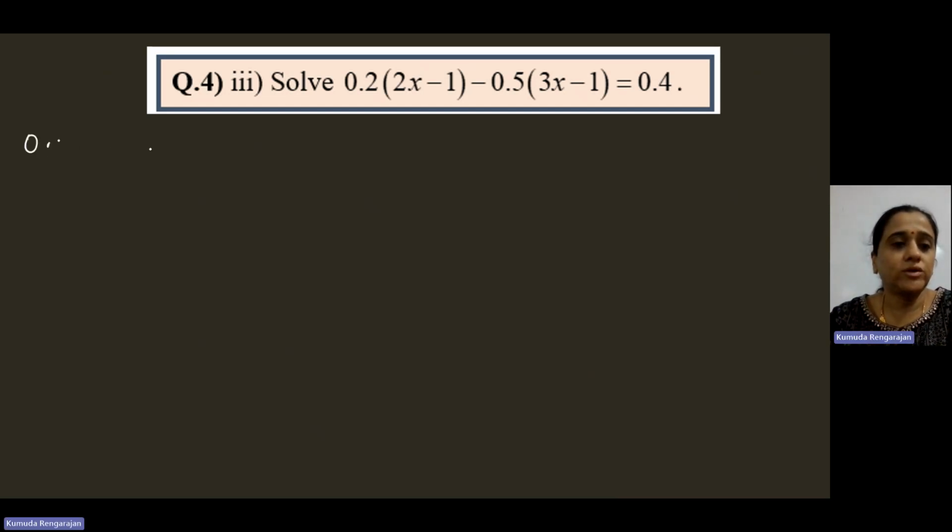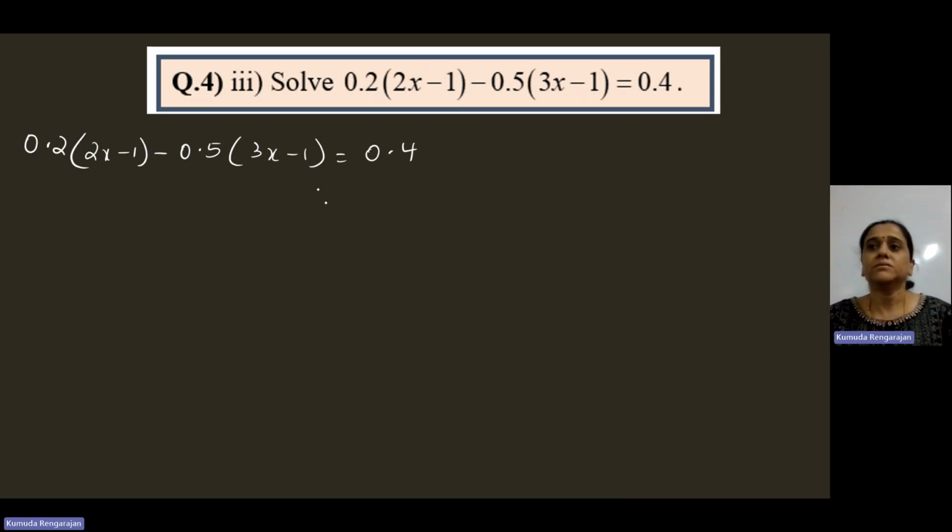So we have 0.2 into 2x minus 1 minus 0.5 into 3x minus 1 is equal to 0.4. Now we'll change all the decimals to fractions.